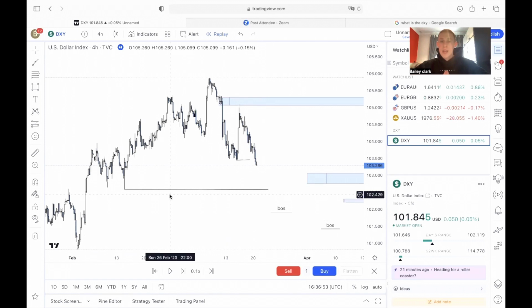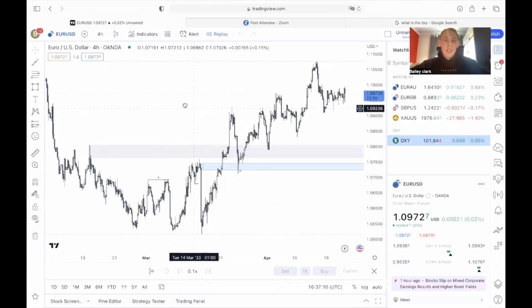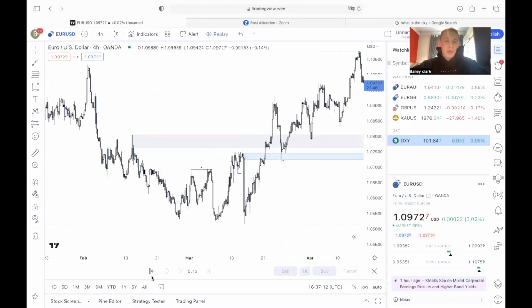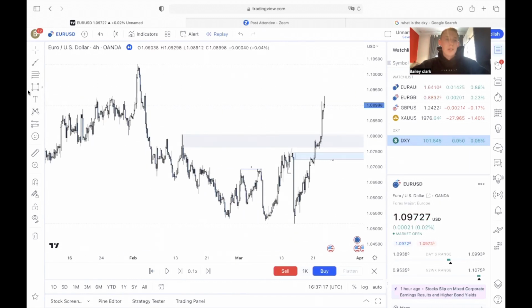And because DXY is likely to continue down, we would invalidate that area on EU, because we know that they are negatively correlated, and so EU is likely to continue up, at least for a little while. You can also see that their price actions were pretty similar at that point in time as well. So we get rid of everything else.